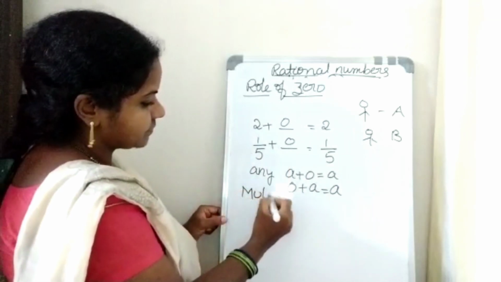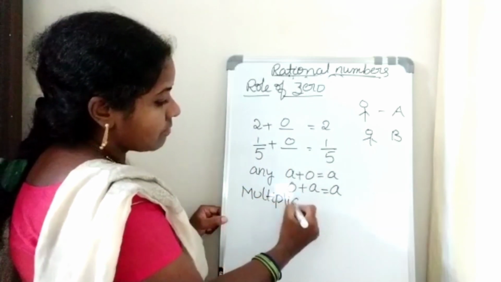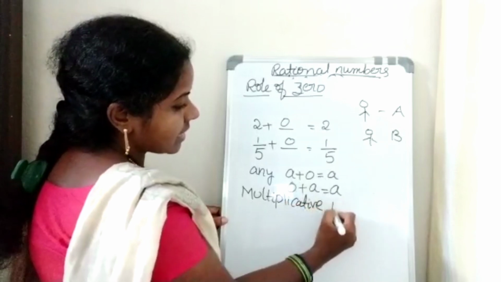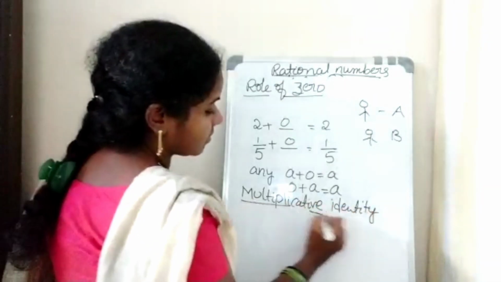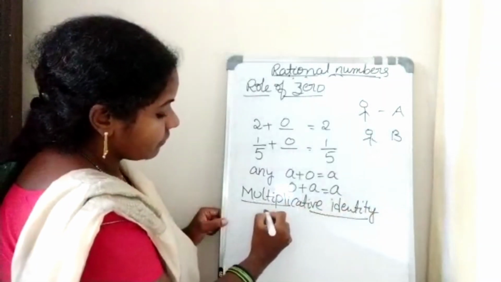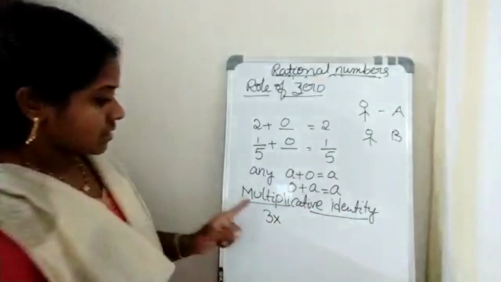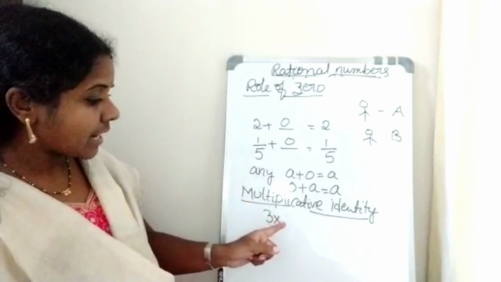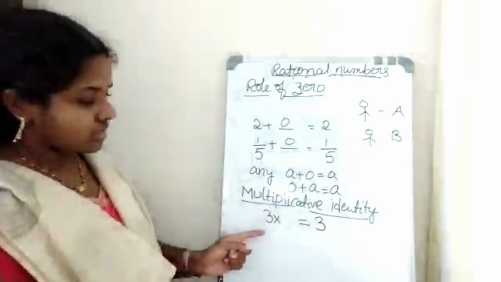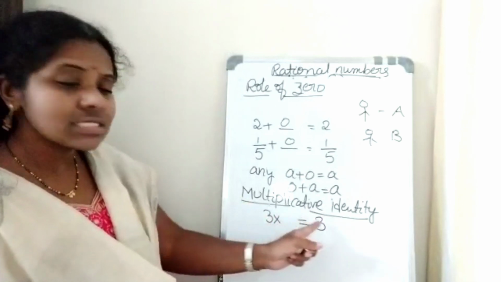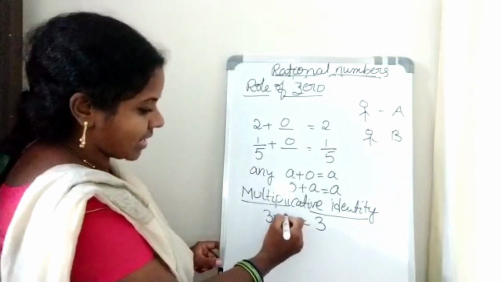Now there is also the multiplicative identity. What should 3 be multiplied by to get the same answer 3? 1.